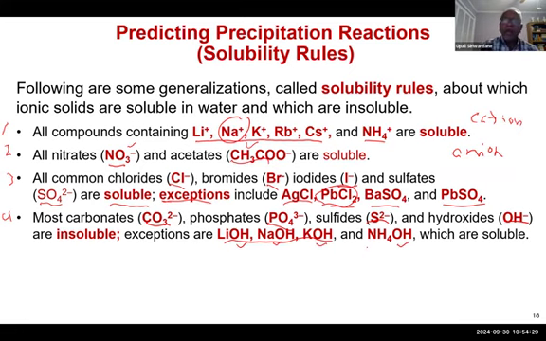Other hydroxides are considered like magnesium hydroxide, slightly soluble. Sulfides are insoluble, except sodium sulfide. The first rule applies first, the first two. Then you look into the third and fourth rules. So you can figure out which ionic compounds are soluble or not.